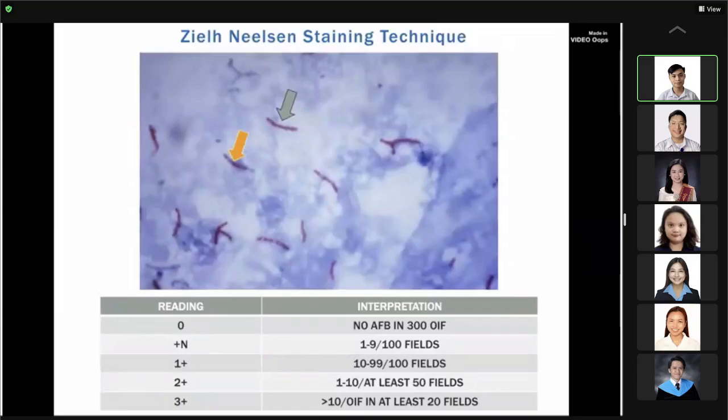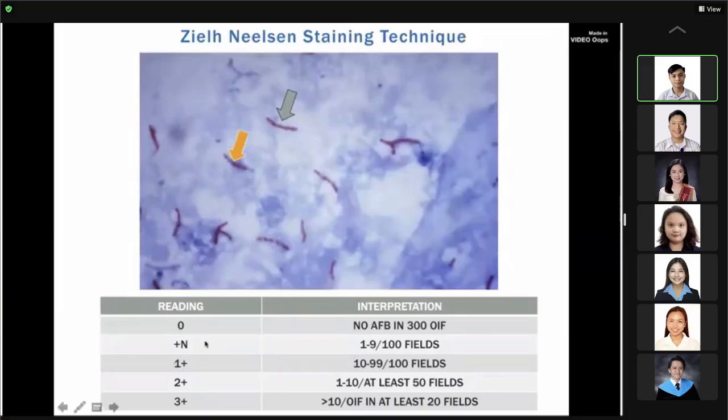If there are only 1, 2, up to 9 AFB per 100 fields, we will release it as plus n, and n here stands for the number of the organisms. So if there are only 5, it will be plus 5.